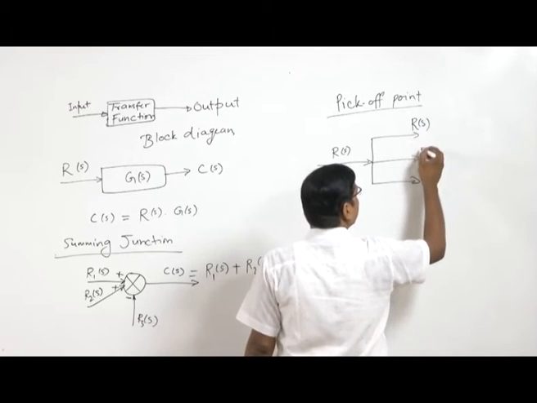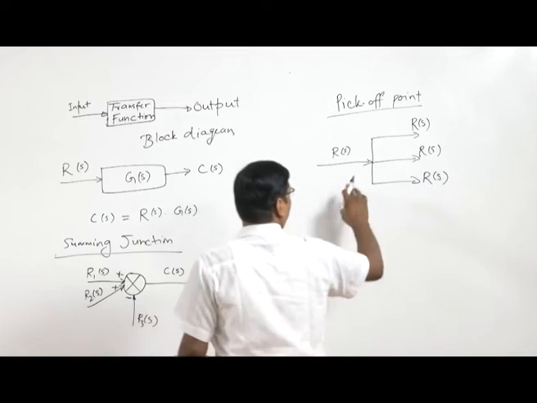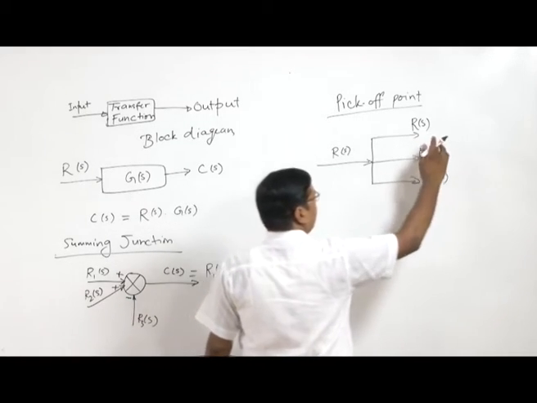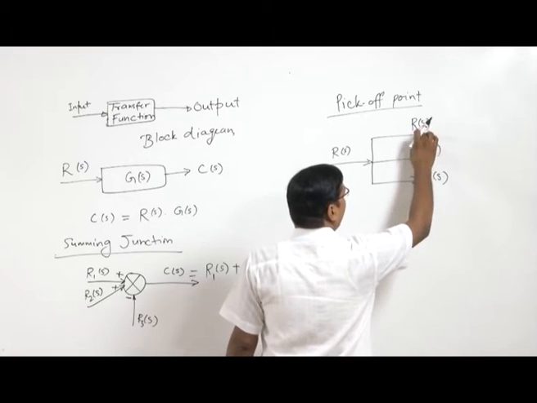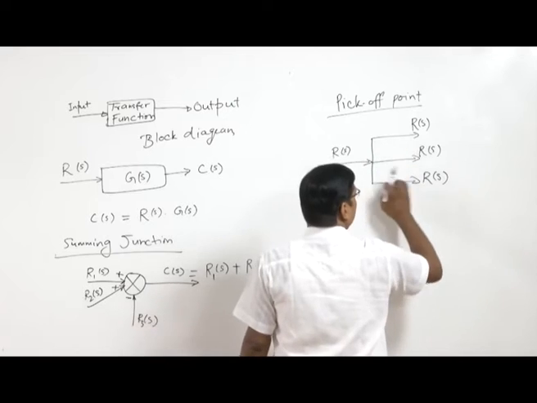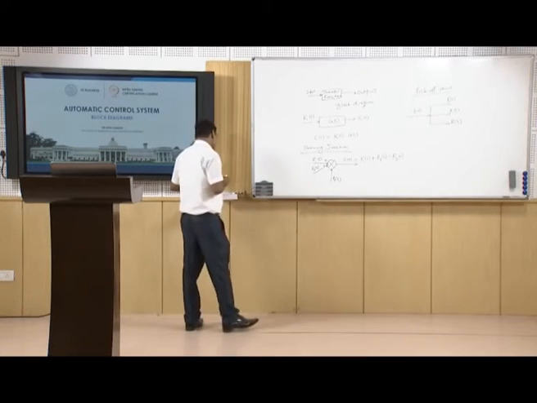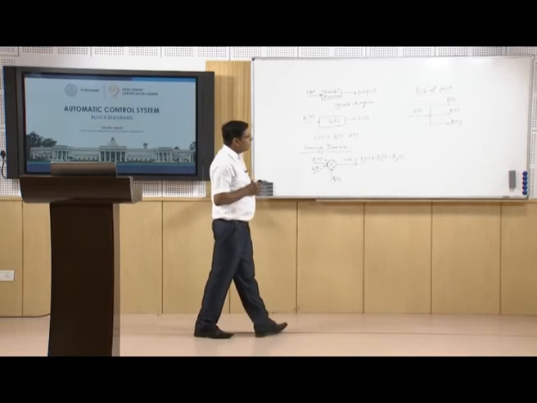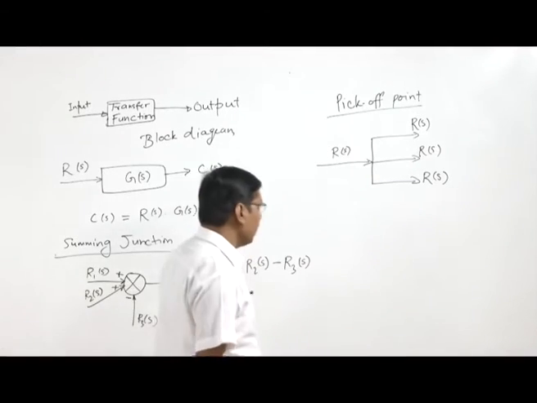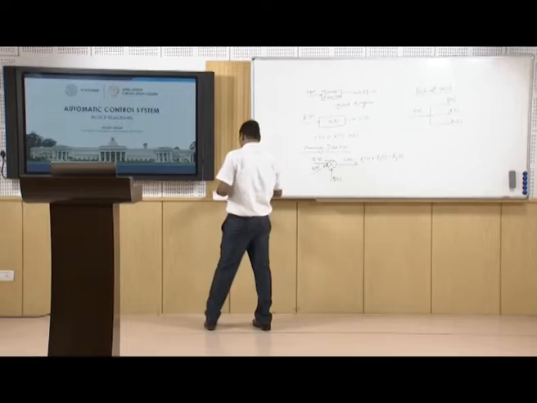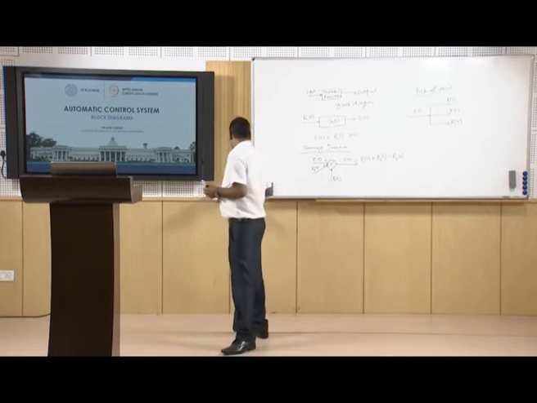This is also R(s), this is R(s), and this is R(s). So whenever we have another block, in that block the input will be the same R(s). The signal from the pick-off point is the same, however many branches it is divided into. So these are a few points.